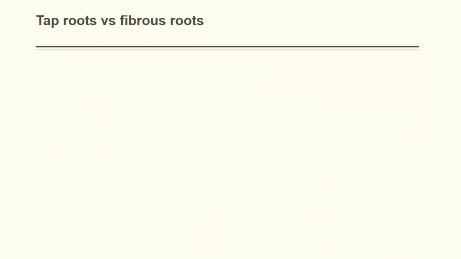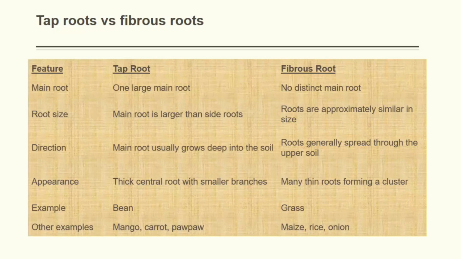Taproot versus fibrous roots. Let's look at the differences between taproot and fibrous root. When you look at the main roots of the two different types of root systems, you realize that the taproot has one main large root, but the fibrous root has no distinct main roots. Rather, it has small roots that come together. Now let's look at the root size.